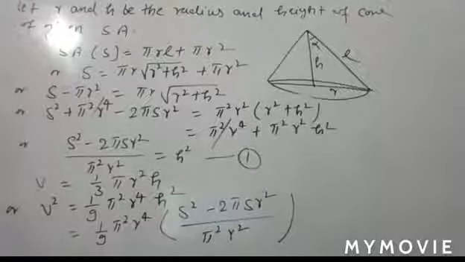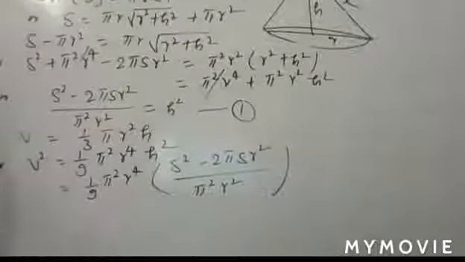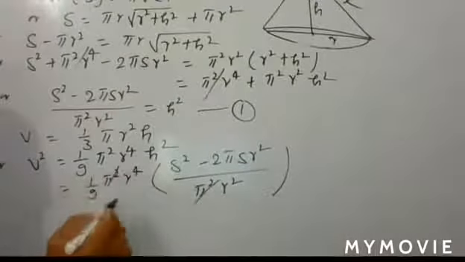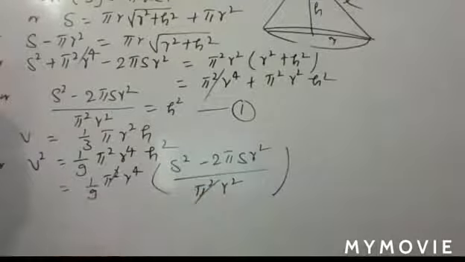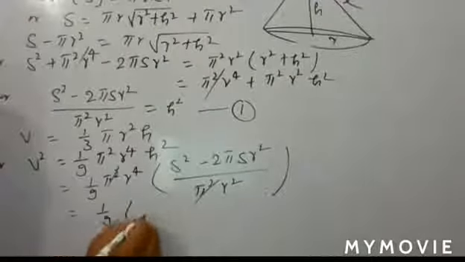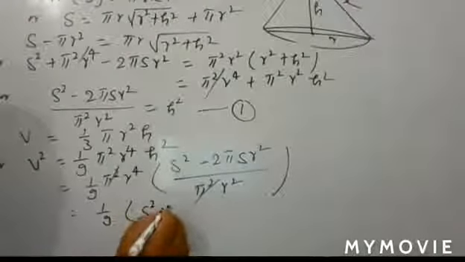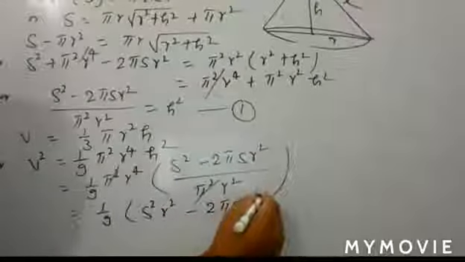So here you use the first equation and simplify. Pi square is cancelled out, and here you have R square and on this side R to the power 4, so that we also cancel. So 1 upon 9 into S square R square minus 2 pi S R to the power 4.